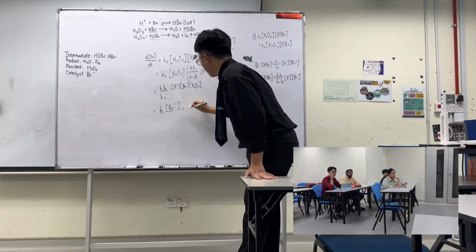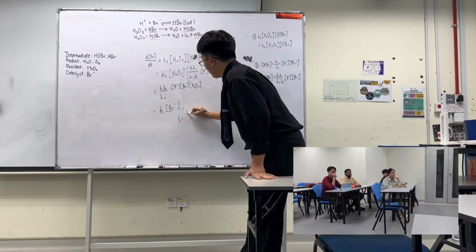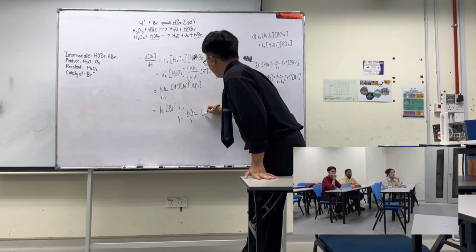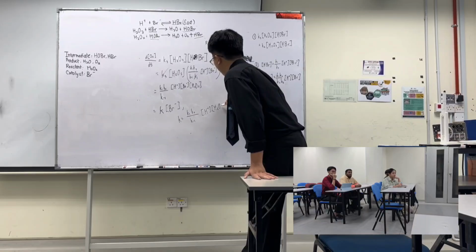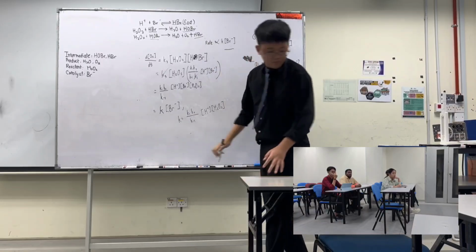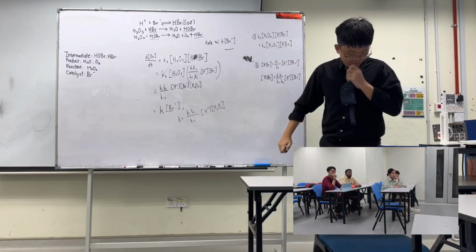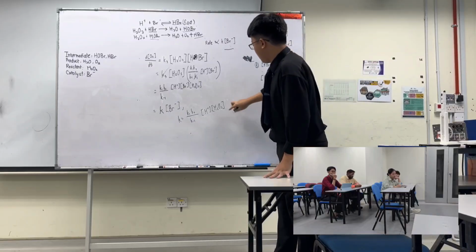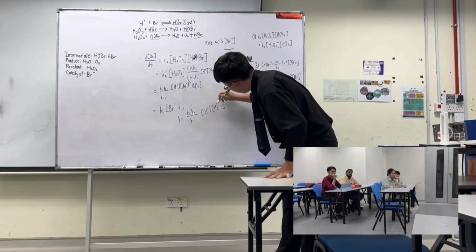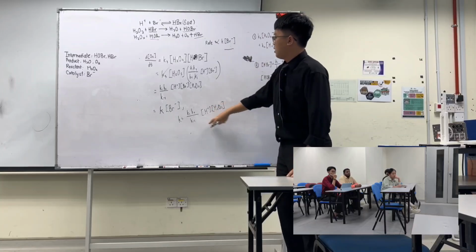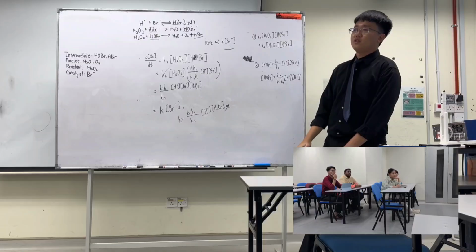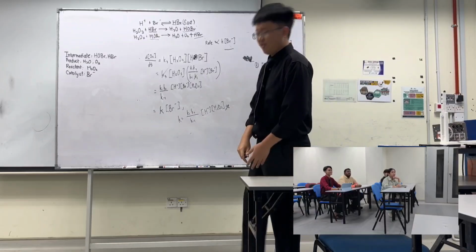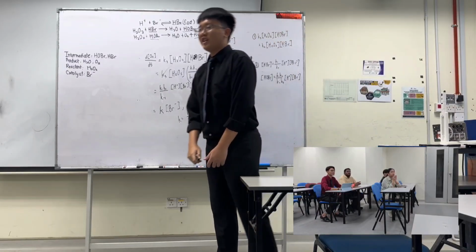And we need to denote that K equals K1, K2, K negative 1, H plus, and H2O2. We stop here, and this will become our final answer for this question. Alright, understand? Yes. So that's all from me. Thank you.